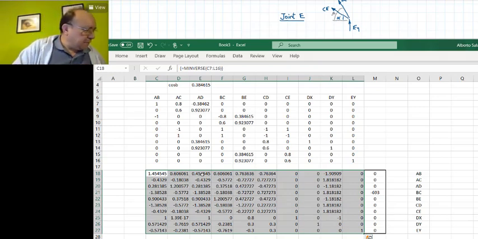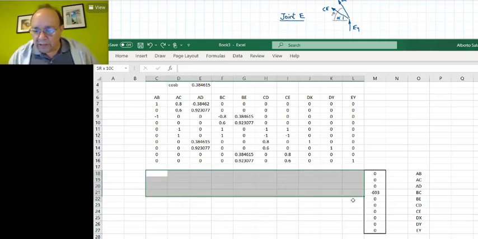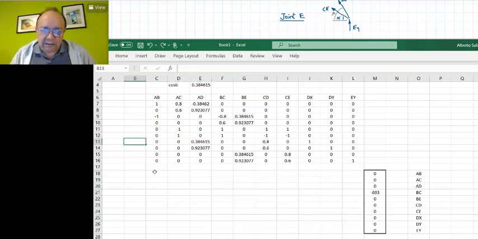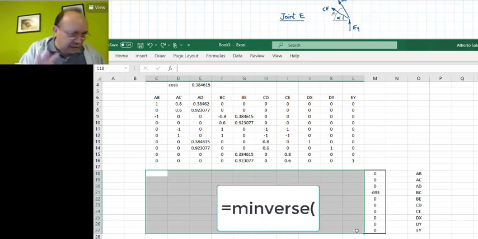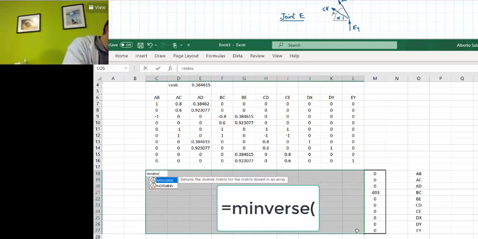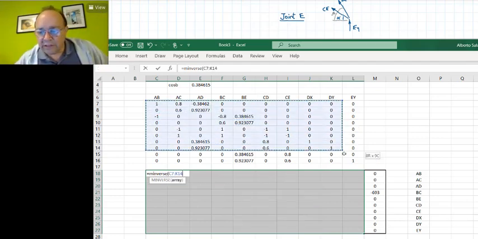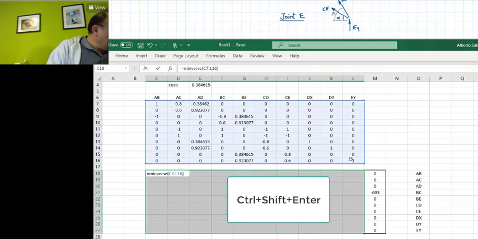Let me repeat that. You select the whole area, making sure it is equal in size to the original matrix, and without clicking anywhere with the mouse, you start typing equals M inverse, open parenthesis, select the original matrix, close your parenthesis, and press Control Shift Enter.